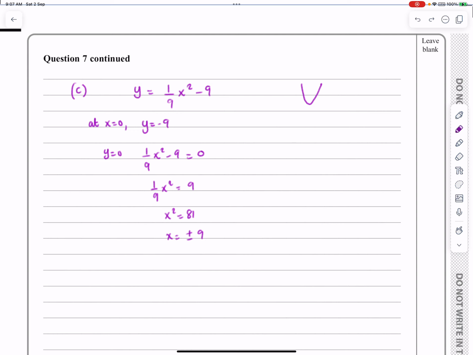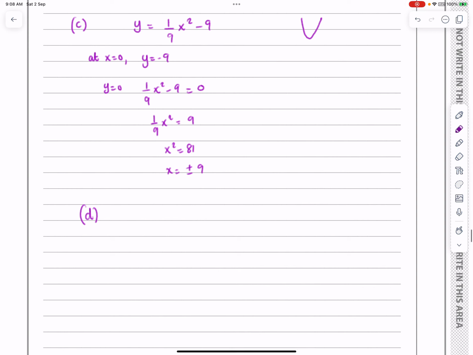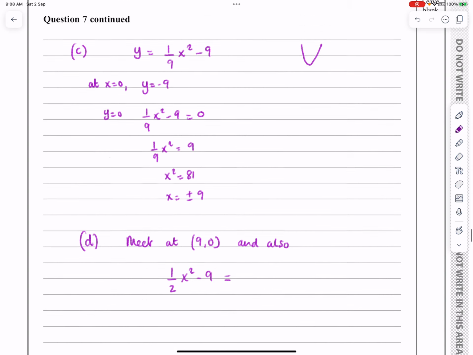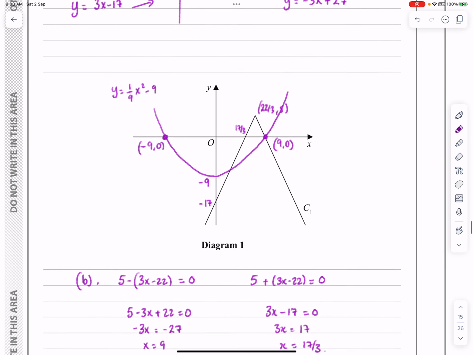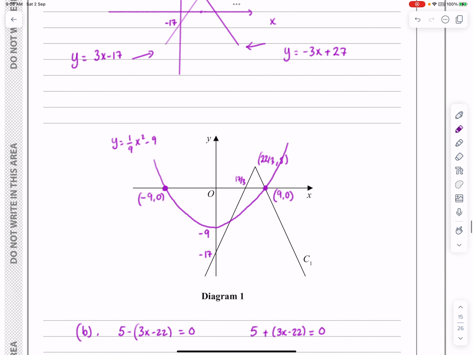So for part D, I can say they meet at 9, 0, and also where a half x squared minus 9, where that's equal to, now we can use the fact that we know what the equations are.